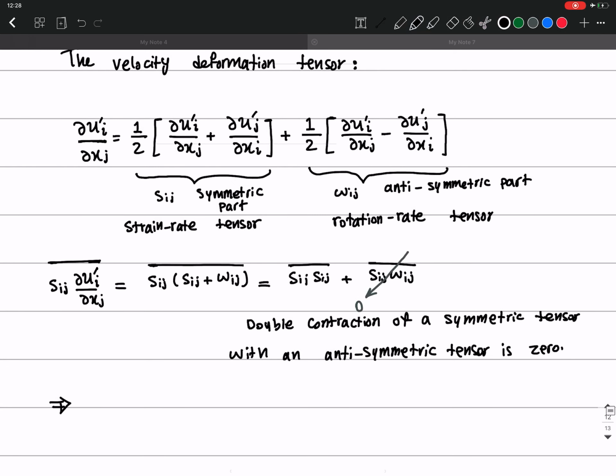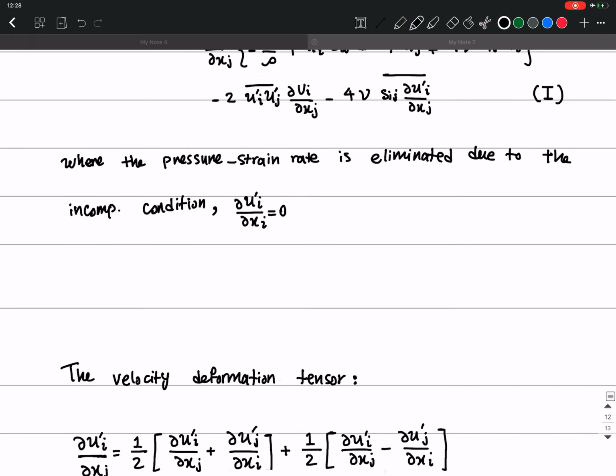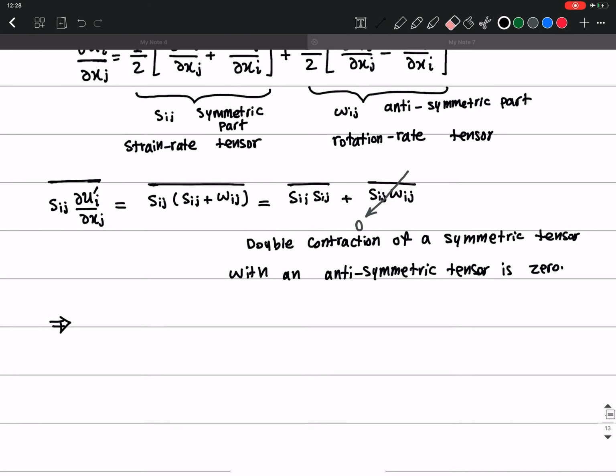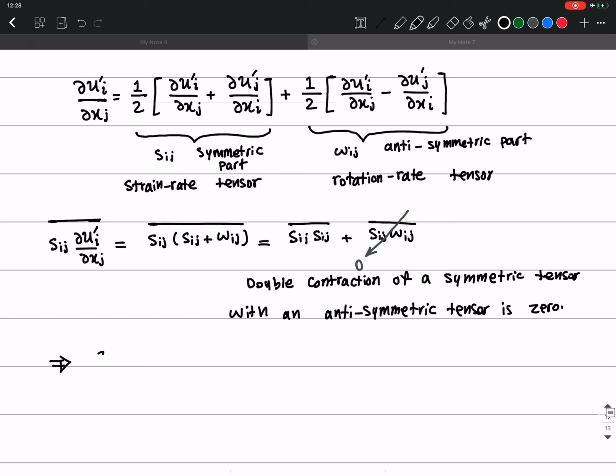So this will simplify the term in equation 1 here. And we can simply write that as Sij partial u prime i over partial xj bar.